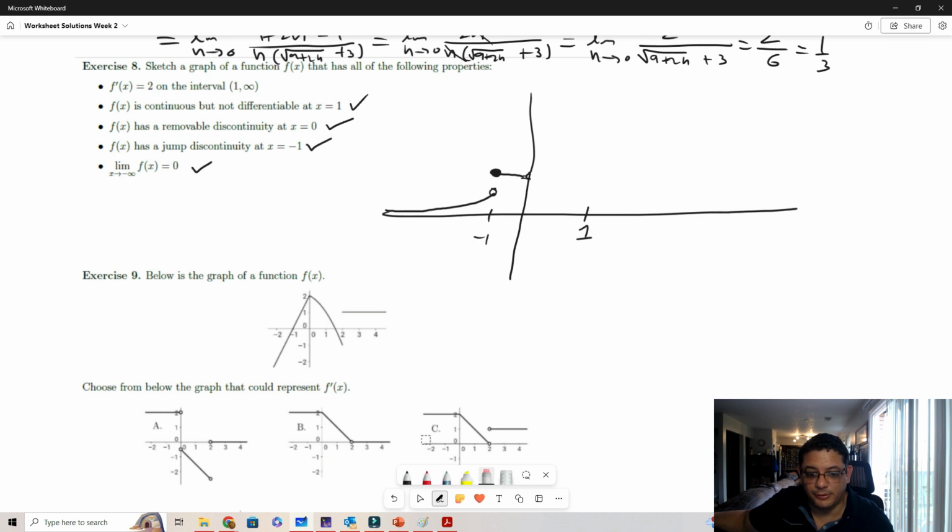So if the slope is always 2, it means that there is a line in the way that this behaves, and it has a slope of 2. So I've got to have something that goes faster. So something like this.